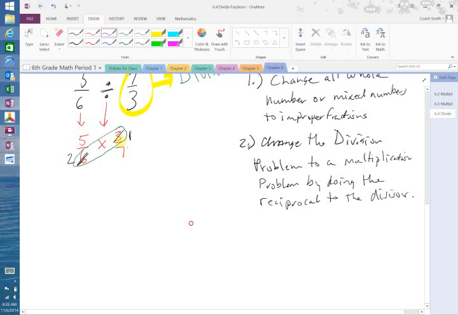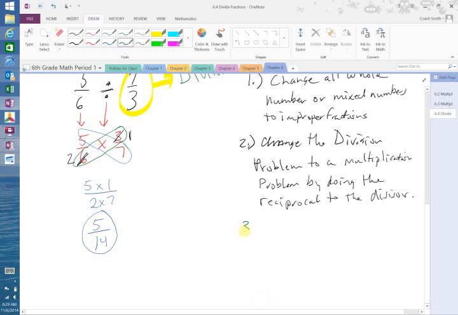Now, is there a common factor between 5 and 7? No. So that leaves me with 5 times 1 on top, 2 times 7 on bottom. 5 times 1 is what? 5. 2 times 7? 14. And that is your answer.